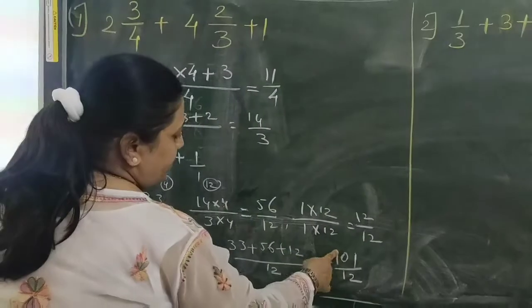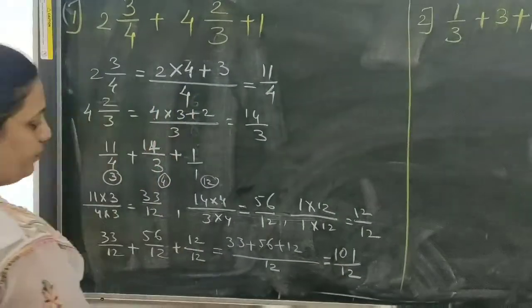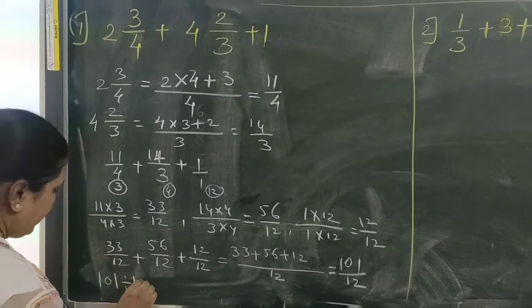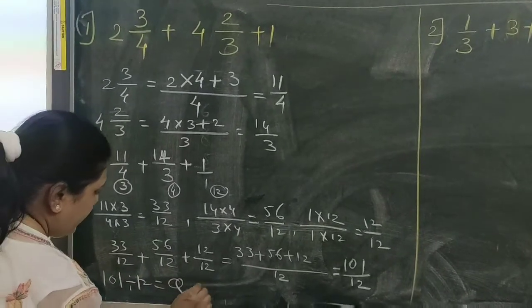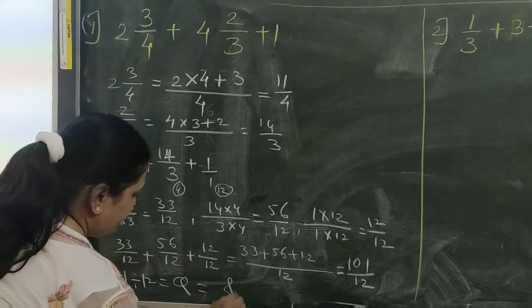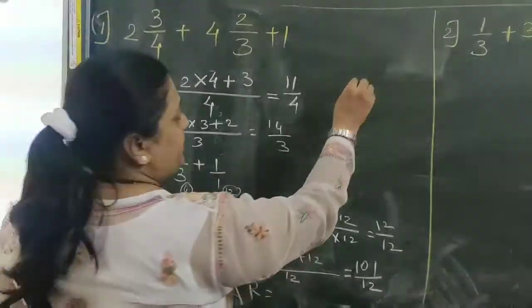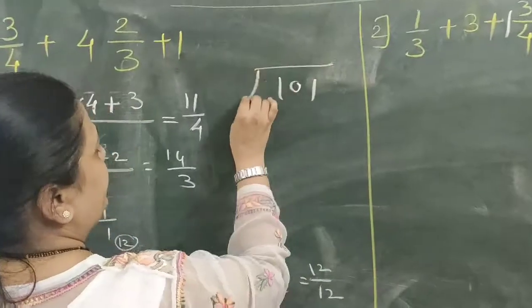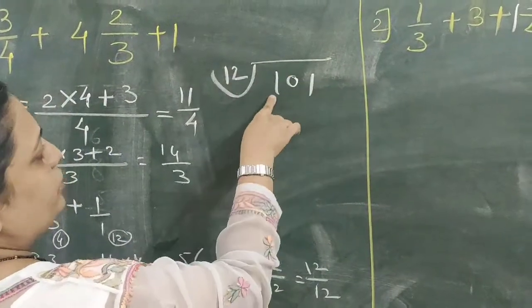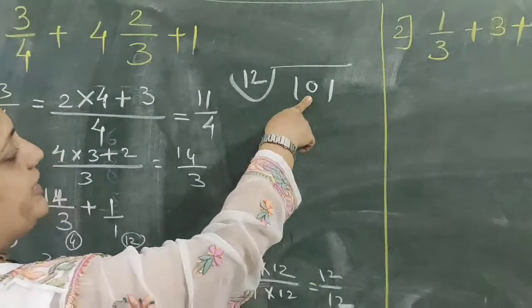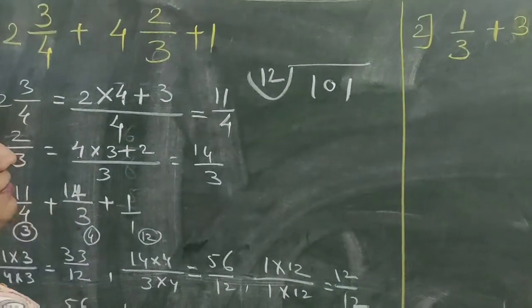So divide the numerator by the denominator. If we divide 101 by 12, what will be the quotient and what will be the remainder? See here, 101 divided by 12. We cannot divide this 1 by 12. This 10, if we take that, is also not divisible by 12.